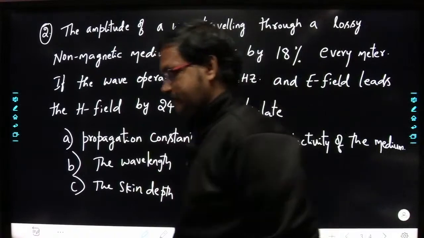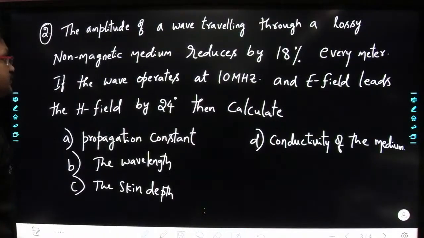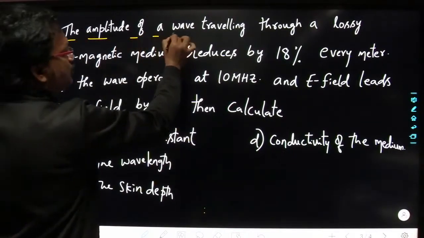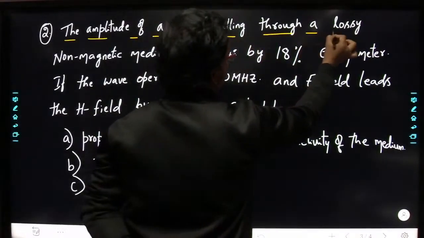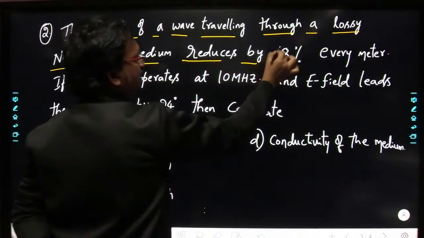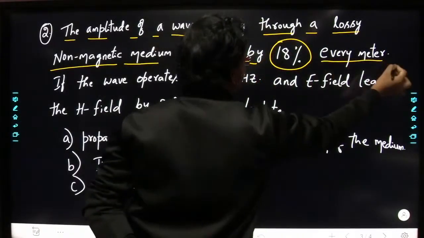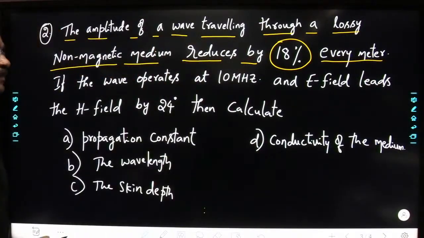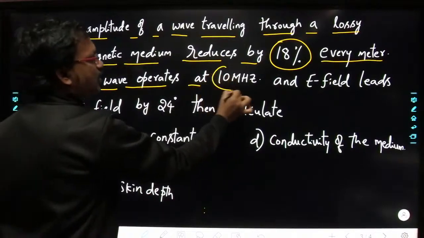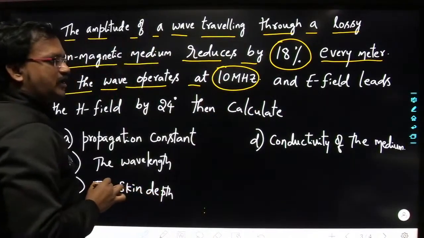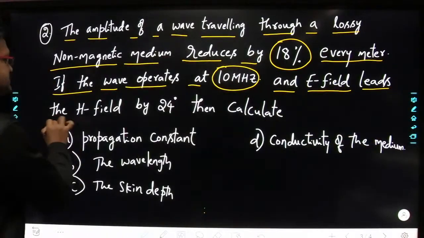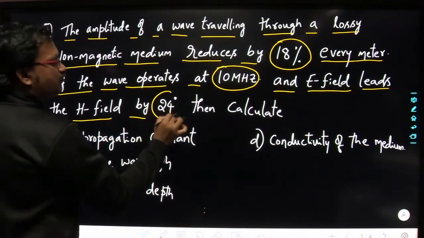See what they have given here: the amplitude of a wave traveling through a lossy non-magnetic medium reduces by 18% for every meter. The operating frequency is 10 megahertz, and the electric field leads the H field by 24 degrees.